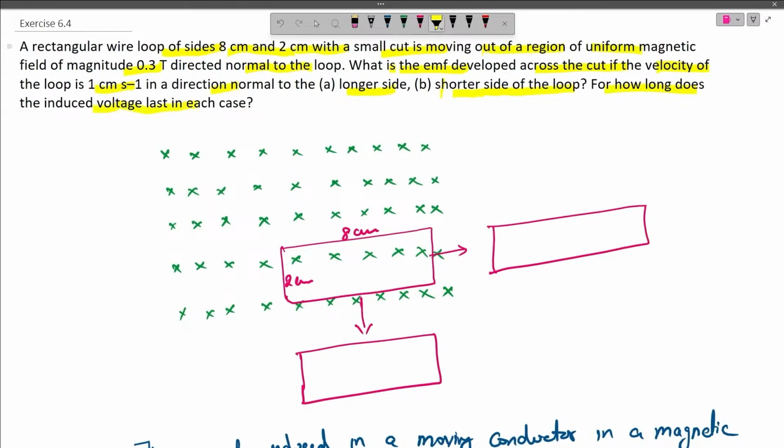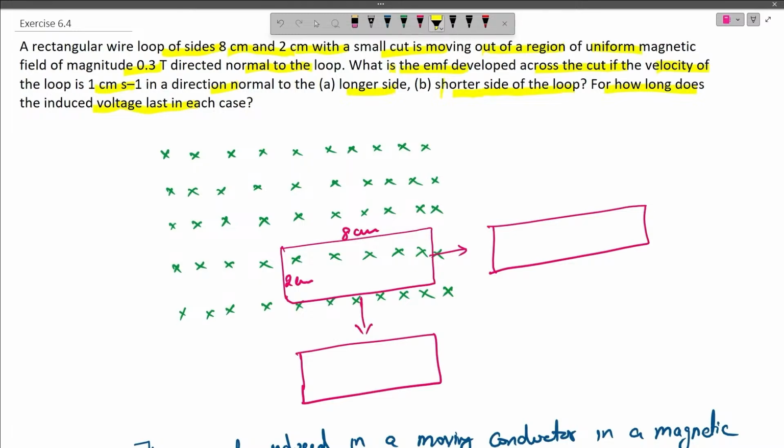So here the magnetic field is normal to a rectangular loop. I have shown it with a magnetic field going into the plane, and the rectangular loop is lying on the plane of the paper, of sides 8 cm and 2 cm. The loop is placed normally to the magnetic field.